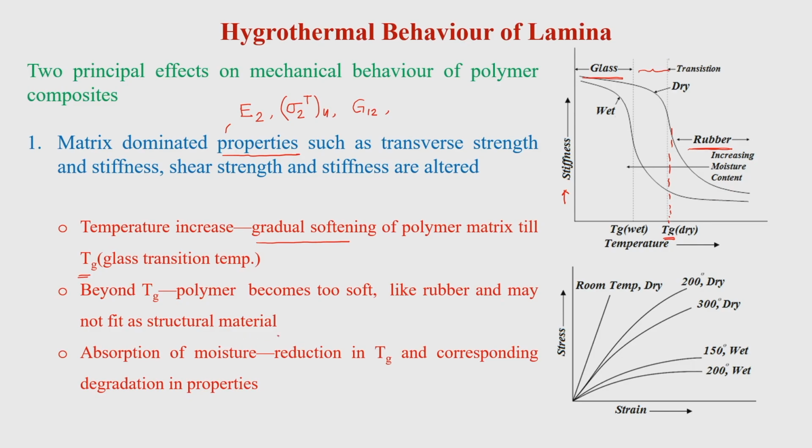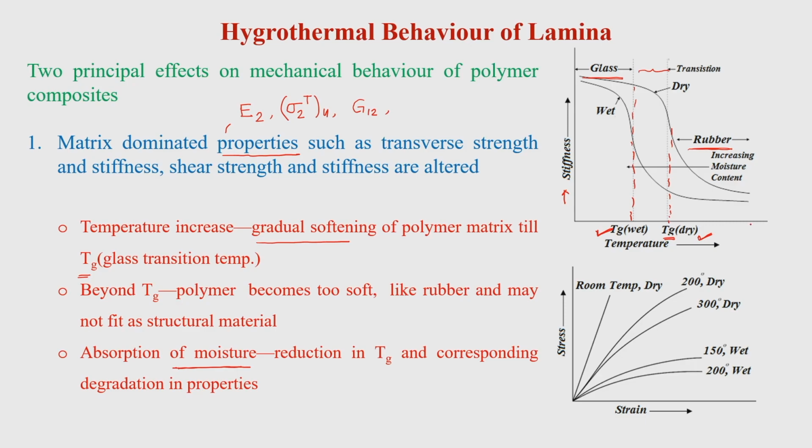In addition to that, absorption of moisture has the effect of reducing the glass transition temperature. You can see this is the dry glass transition temperature, and when it absorbs moisture, this is the wet glass transition temperature, which is less than the dry glass transition temperature.